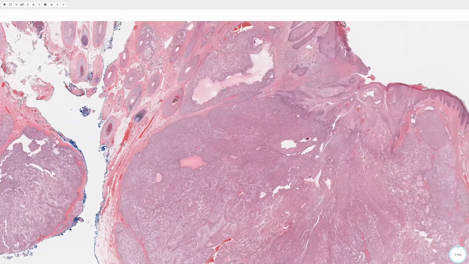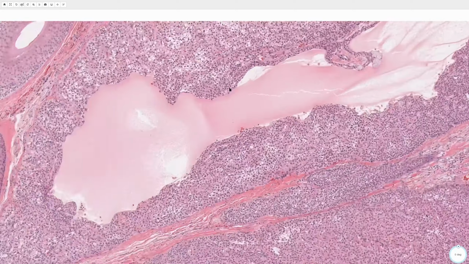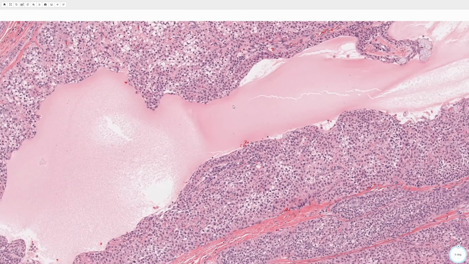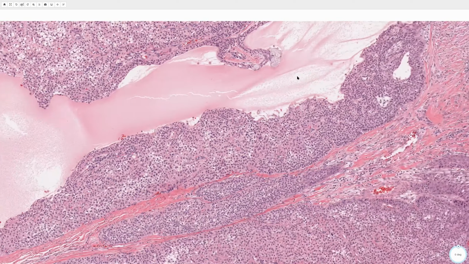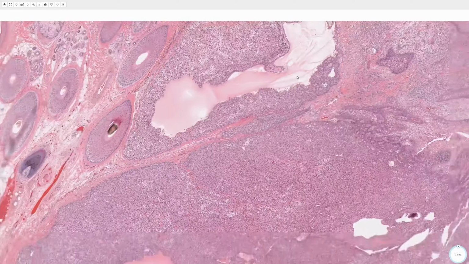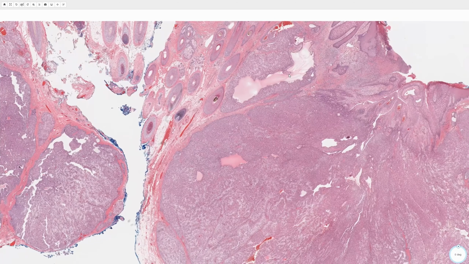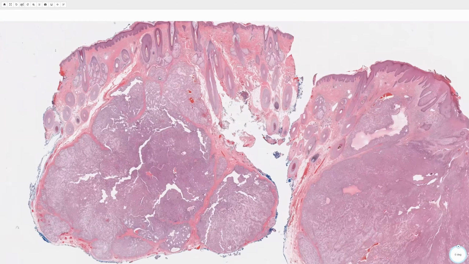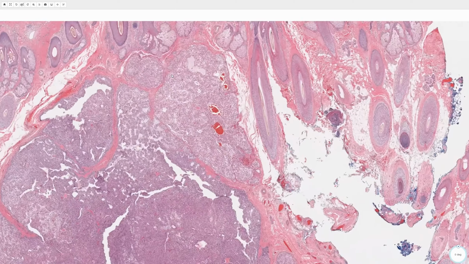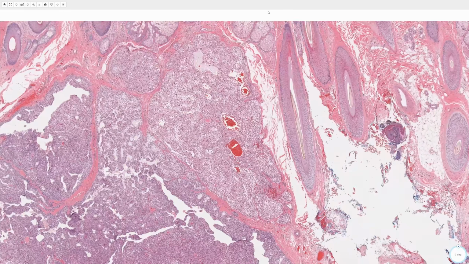Because again, there is a bit of histologic overlap, but typically you're not going to see these nice, well-developed lumina with the decapitation secretion in a renal cell carcinoma. And then clear cell melanoma, you could get an S100, and that will be negative in renal cell carcinoma, but positive in a melanoma.